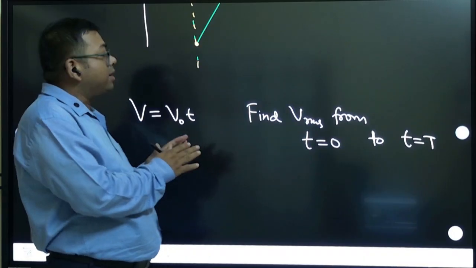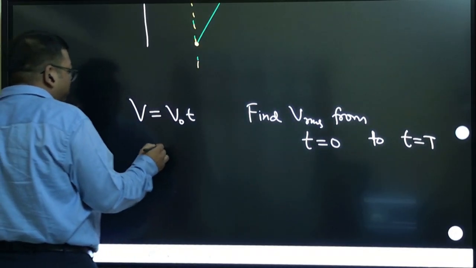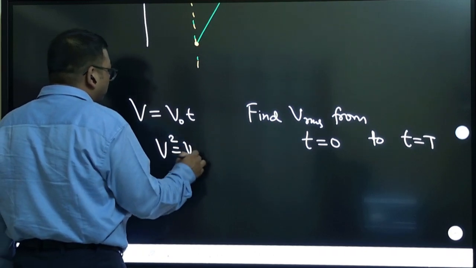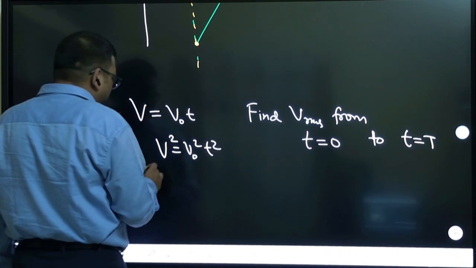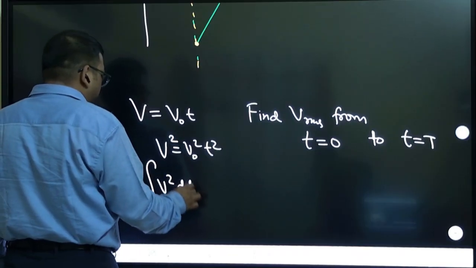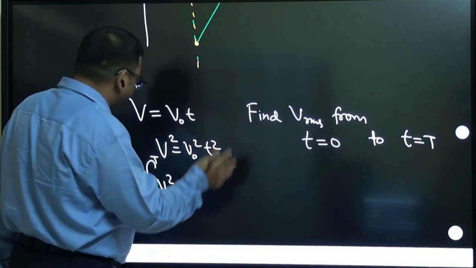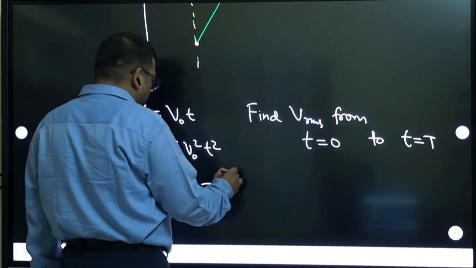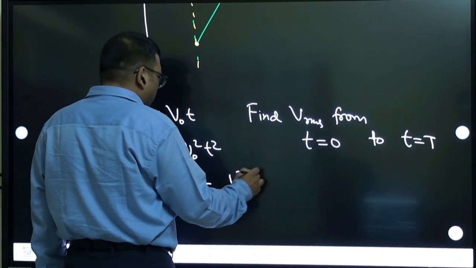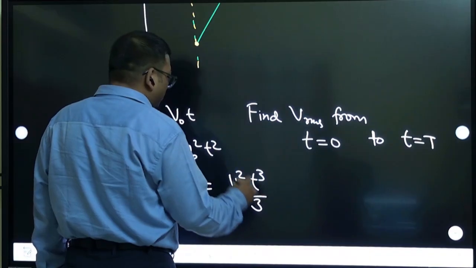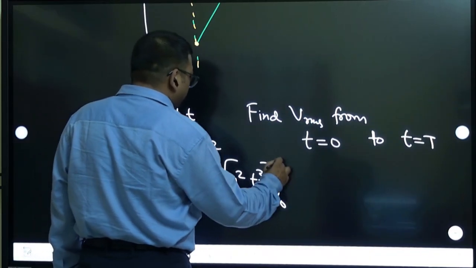So you will just calculate RMS by the basic definition. So v square becomes v naught square t square, and then you will integrate v square dt over 0 to T. Whether it is one cycle or not, we do not know, but it is given. So you calculate this, right? So v naught square T cube by 3 will come, 0 to capital T you will take.